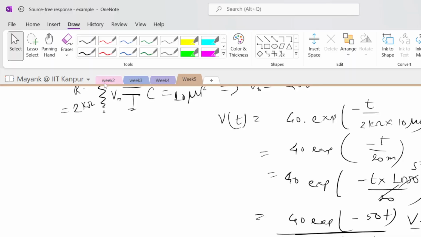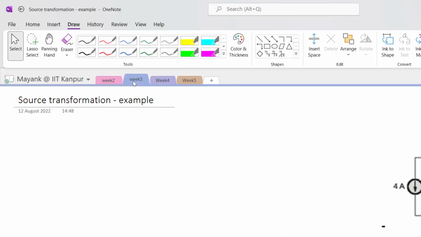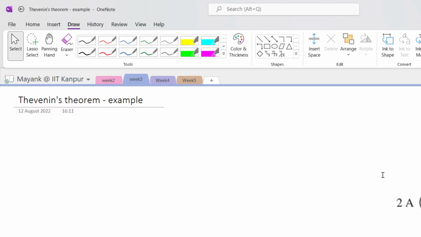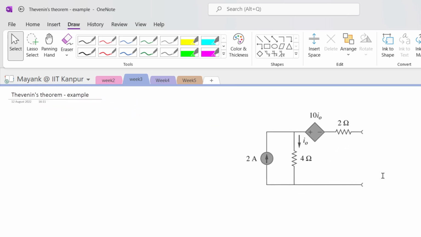Okay, fine. So in week 3, there was a question which I didn't discuss. Yeah, so this is a Thevenin's theorem question. So I want to find out the Thevenin's equivalent across the terminals A and B. So can you help me in this question? So this is week 3's content.